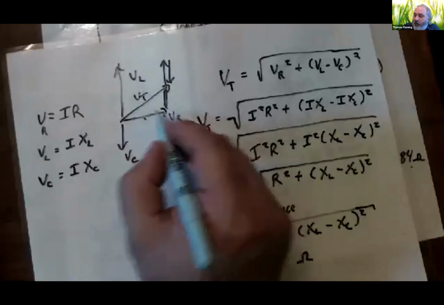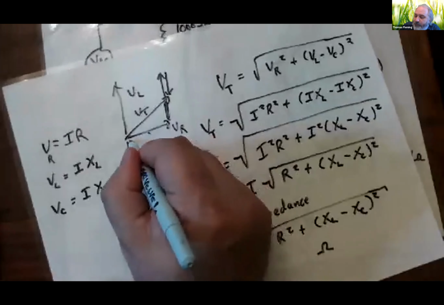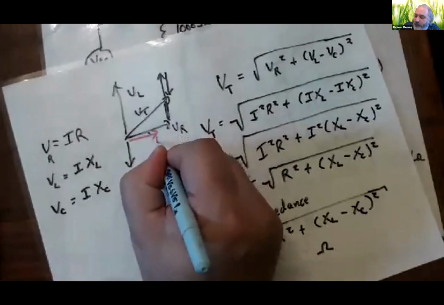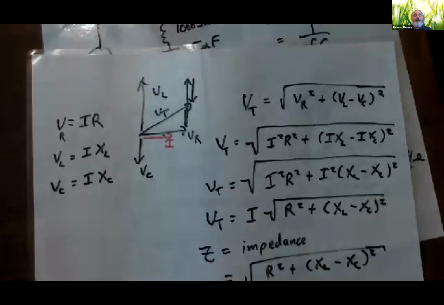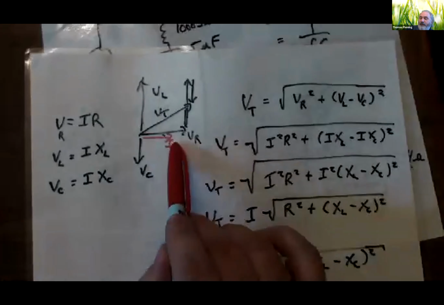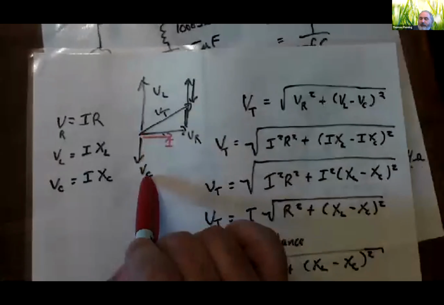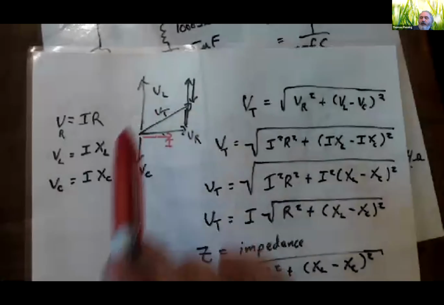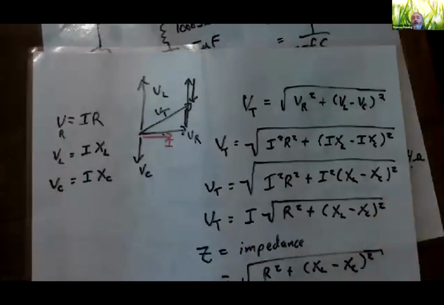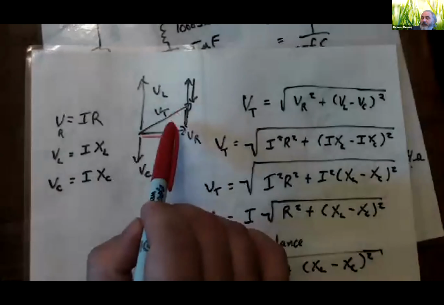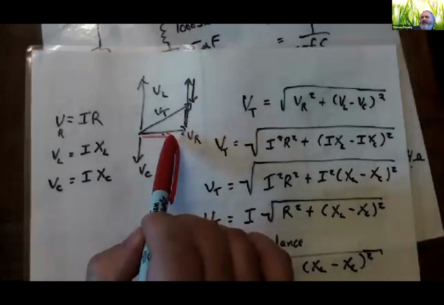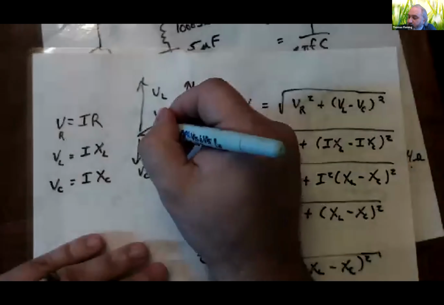So if this is VR, I could imagine my current being a little phasor in the same direction. But notice in this diagram, VR is in phase with that. VL is 90 degrees out of phase, which we expected. VC is 90 degrees out of phase. But look at V total. V total is out of phase, but it's not 90 degrees out of phase. It's only some smaller amount.